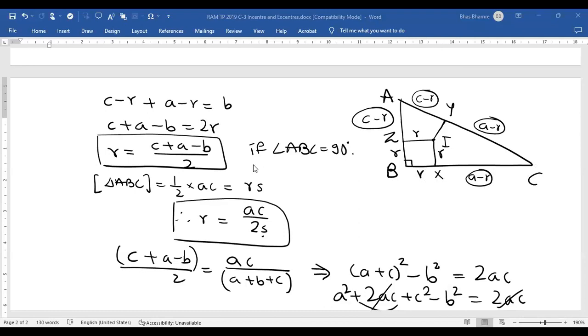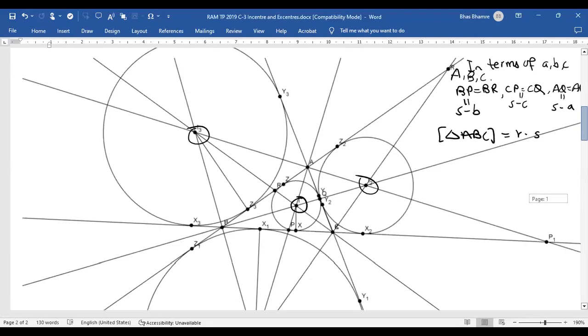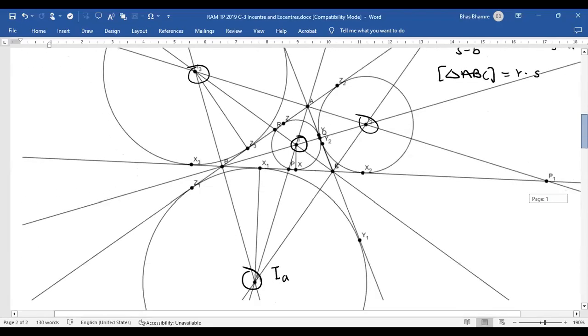Yeah. Okay, so here what I try to tell you is that if you look at this figure, then you come to know that I is the orthocenter of triangle I1, I2, I3. Then we can find out each length in terms of ABC, like length of sides and measure of angles. We can derive half angle formulae.